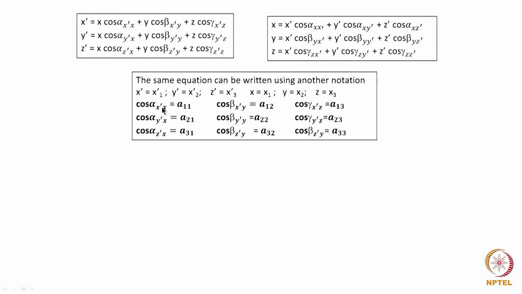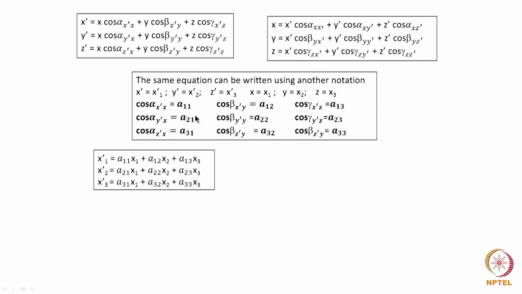For the angles I have used a suffix, so cos alpha x dash x means the angle between the x dash and x coordinates is alpha. Instead of using these symbols, we can represent them nicely in a matrix formation. I have defined them as A11, A12, and so on.